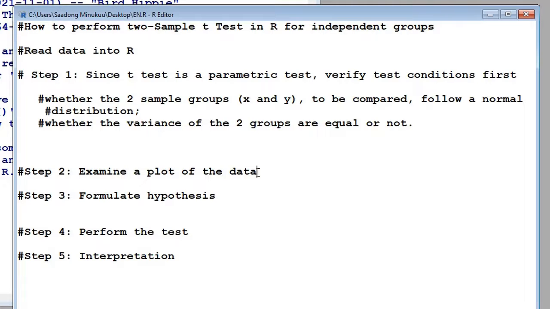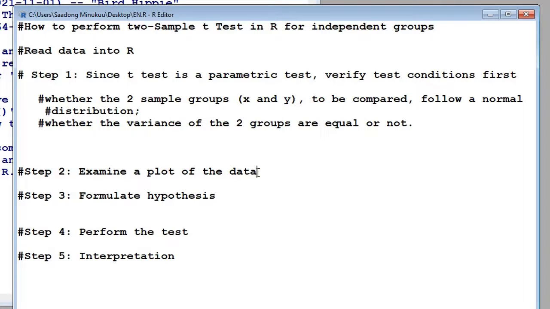Because with the help of a box plot, we are able to study the measures of central tendency, that is the median, and then the quantiles of each of the groups. Based on this, we can examine on the box plot whether the median of population A is bigger or less than the median of population B.